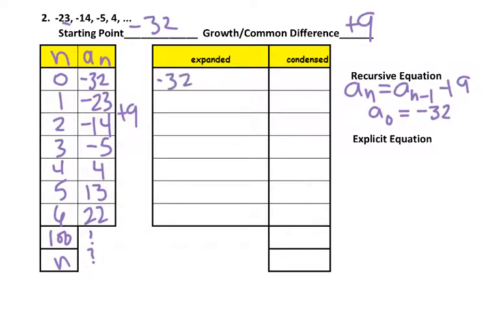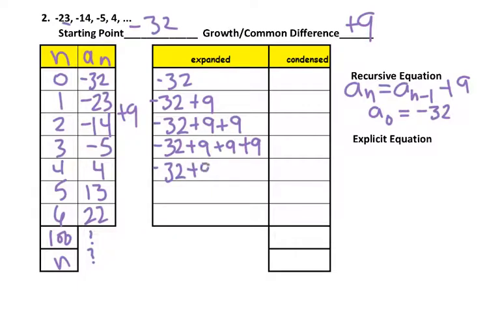so remember, negative 32 here. How did we get to negative 23? Well, we took negative 32 and we added 9. How did we get to negative 14? We took negative 32, that's where we started, and we added 9 twice. To get to negative 5, we started at negative 32 and added 9 3 times. For 4, we added 9 4 times.